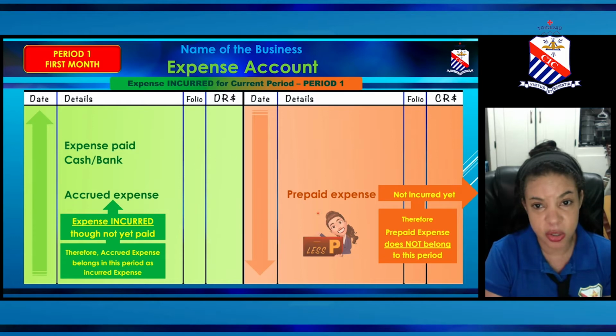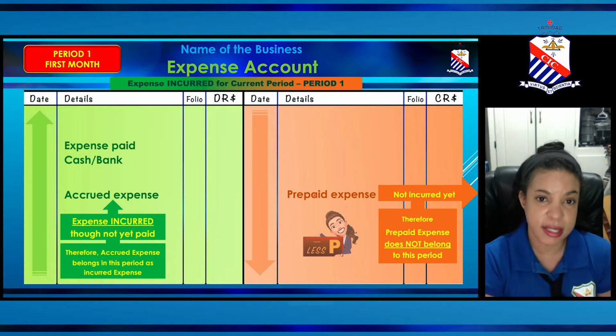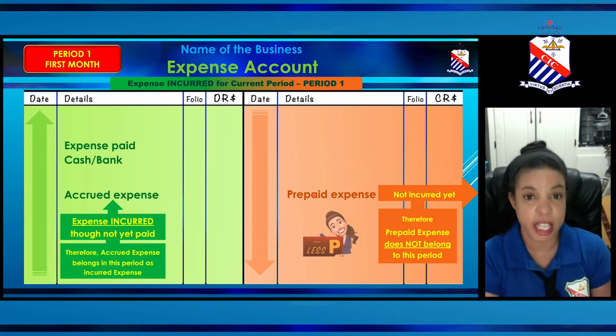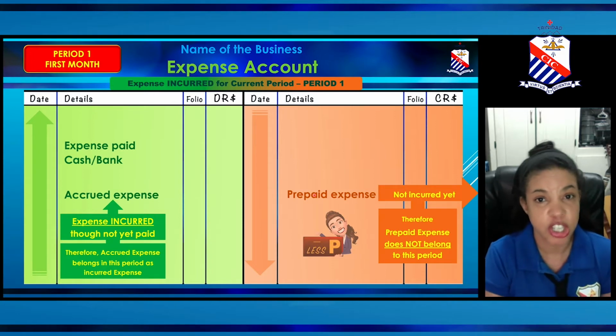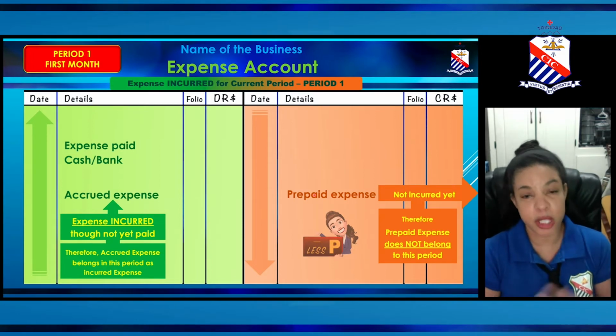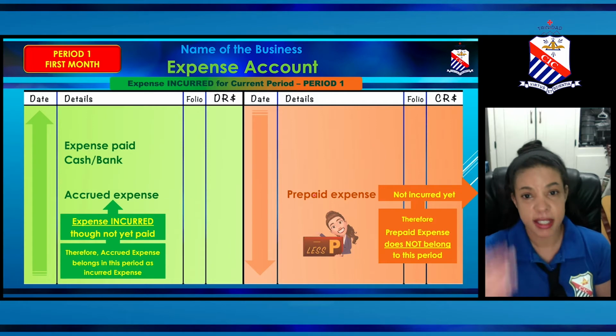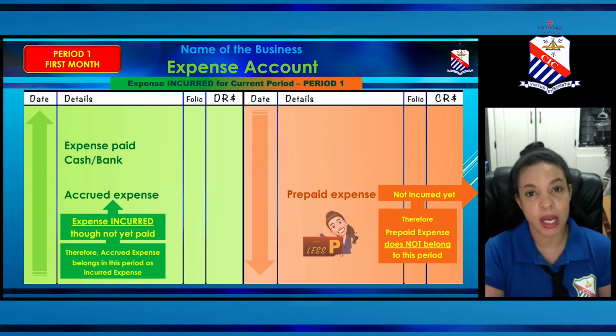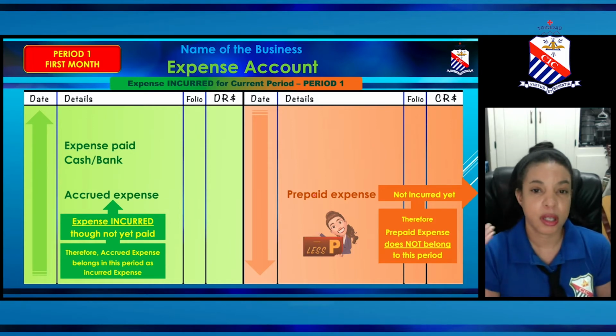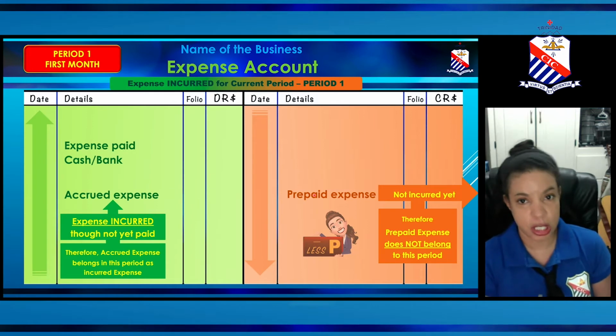So notice that it's on the other side where you're decreasing. So this is how you are decreasing or lessening your prepayments in your ledger accounts or your T accounts. You're doing the same thing you've always been doing when we were calculating it through the adding and lessing. This is how it is shown in your ledger account or your T account.